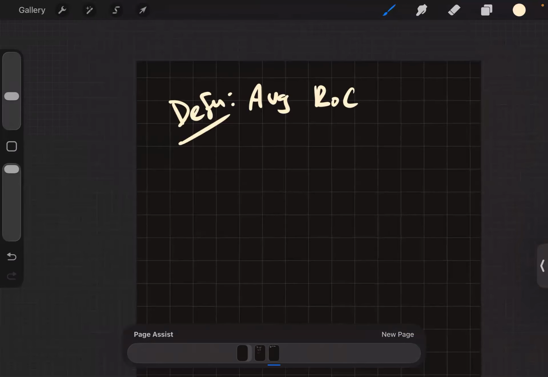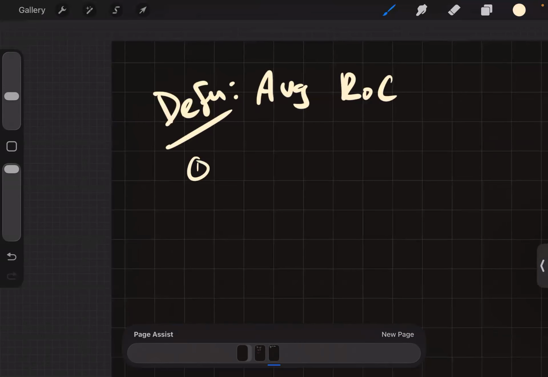Okay. So the average rate of change is going to be defined as a function. So first we'll define a couple things. One, let our function be f of x.